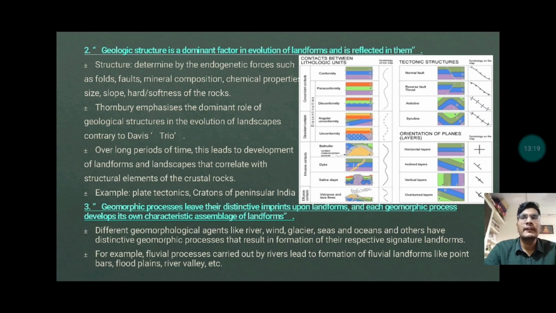So it shows that if the composition of the material of any mountain is semi-unconsolidated or unconsolidated, then the tendency of the geomorphic agent will be higher. So it thoroughly depends upon the geological structure itself.